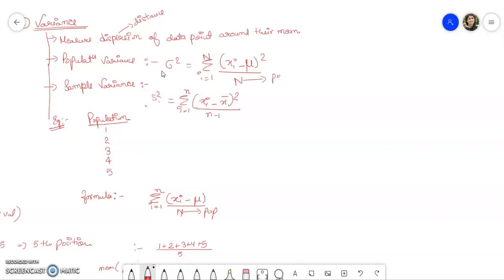So this is for the population, and this small n is for the sample.